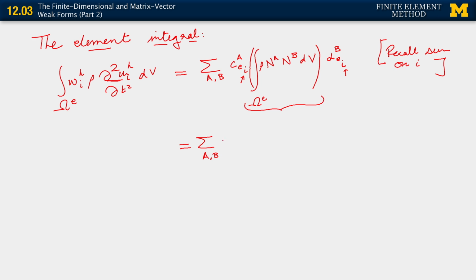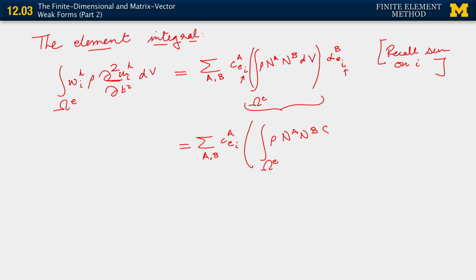And what that does is lets us write this thing out as sum over a comma b, c a e I, integral over omega e rho N A N B dV. But now what I'm going to do is, I wrote that dV too close, I'm going to slip in here a Kronecker delta.